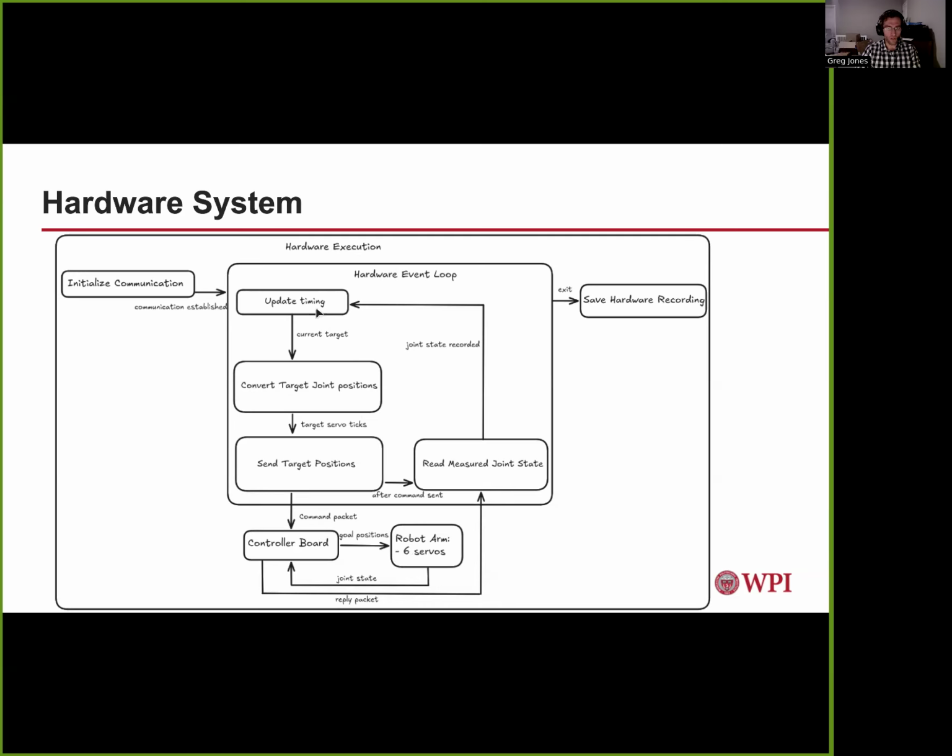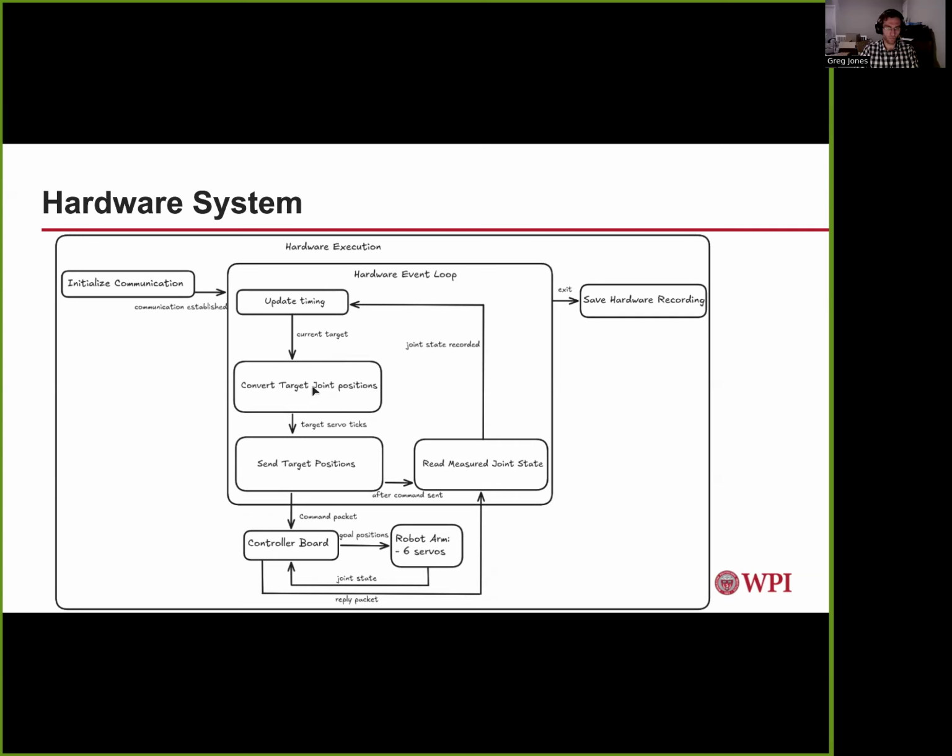In this hardware event loop, it would pull the current target or most recent upcoming target from the sample trajectory, and then convert it to servo tick values from radians.